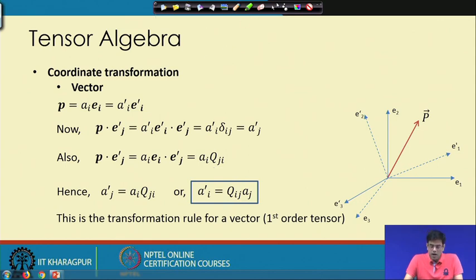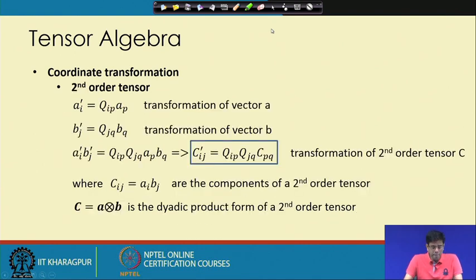Similarly, if we want to transform a tensor, how will it look? We will see tensor transformation in a little more detail. If I want to write ai prime in terms of the a quantity, that is, the prime coordinate system and the non-prime coordinate system are related like this. Similarly, bj prime is related to this. This we have learned from the previous slide.